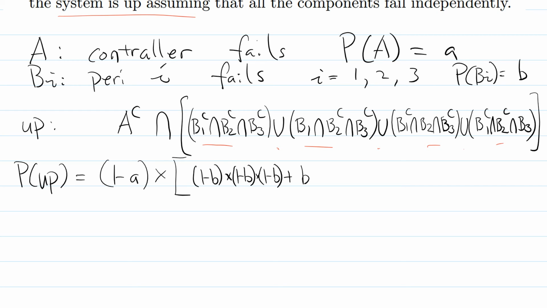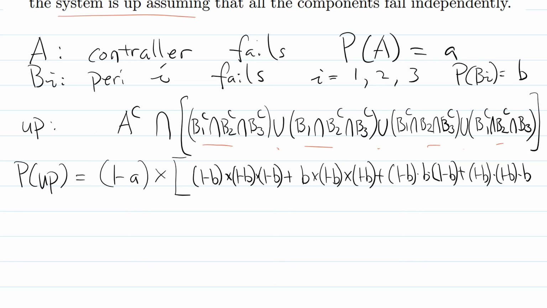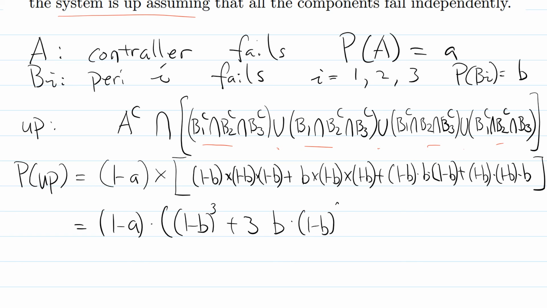And b, this is B1, no complement here, times 1 minus b times 1 minus b, plus 1 minus b times b times 1 minus b, plus 1 minus b times 1 minus b times b. And this is 1 minus a times the quantity 1 minus b cubed plus 3 times b times 1 minus b squared. And this is the final answer.